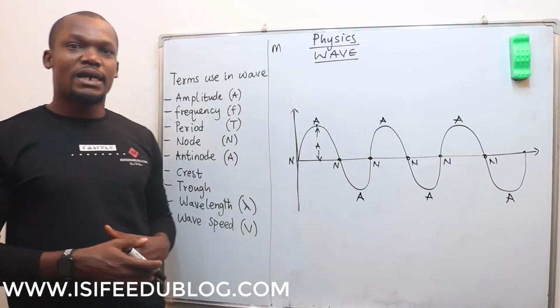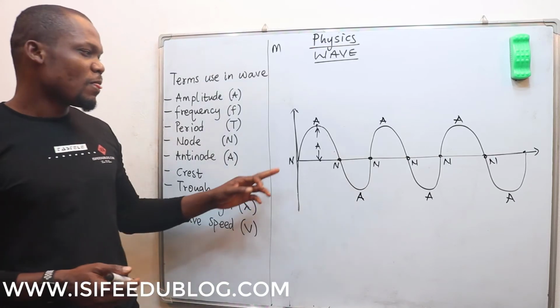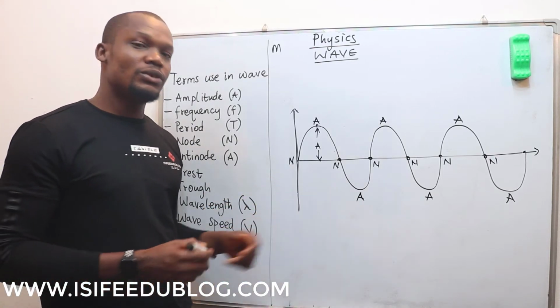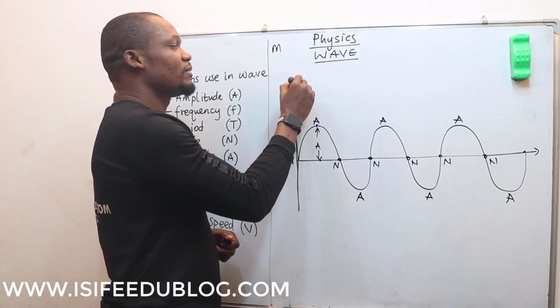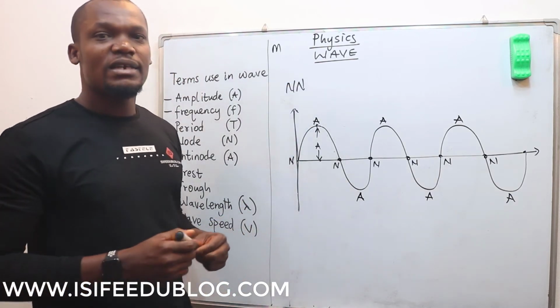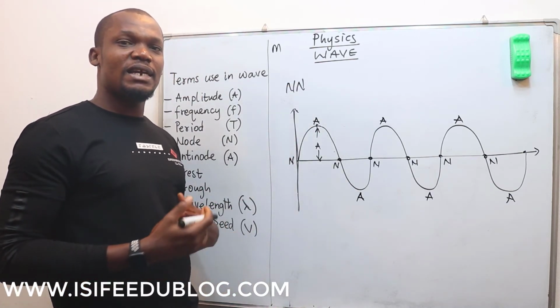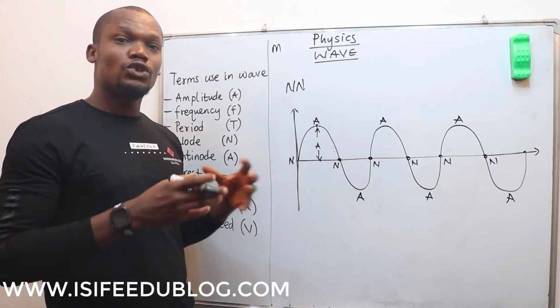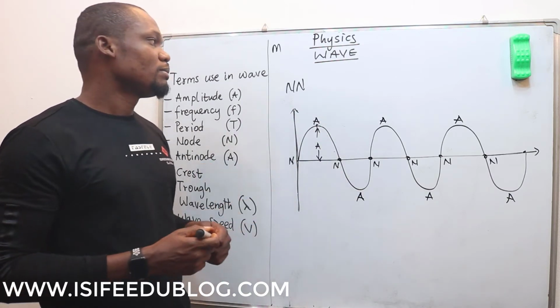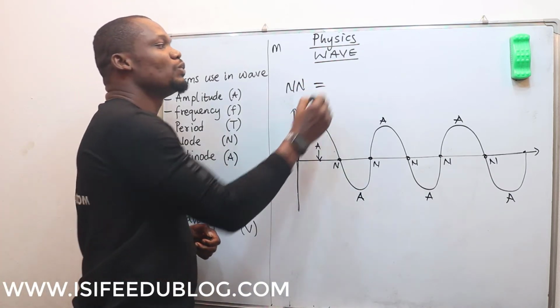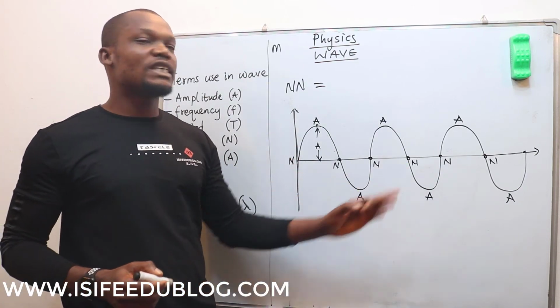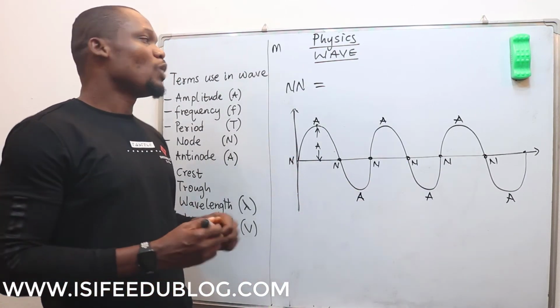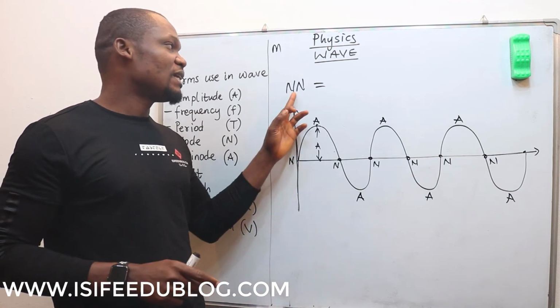It is very important to know that from this node to this node is called NN. What is NN? NN is defined as the distance between two consecutive nodes. When counting the distance between consecutive nodes, we call one distance NN.